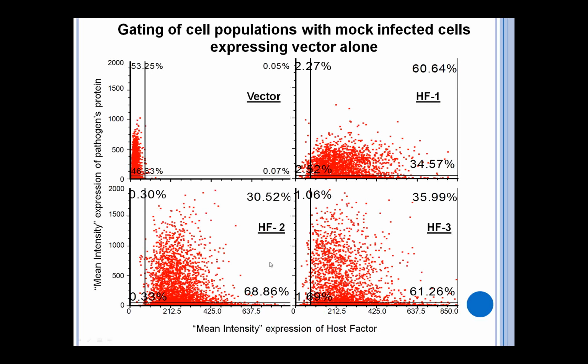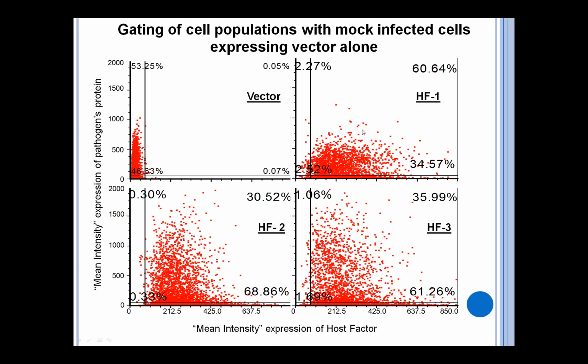In this slide, you see the cells which are expressing vector alone. On the top left quadrant, you see around 53% of the cells are infected. The y-axis is the expression level of the pathogen protein, while the x-axis is the mean intensity of the host factors.